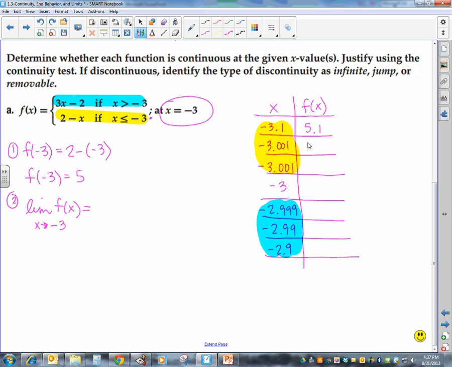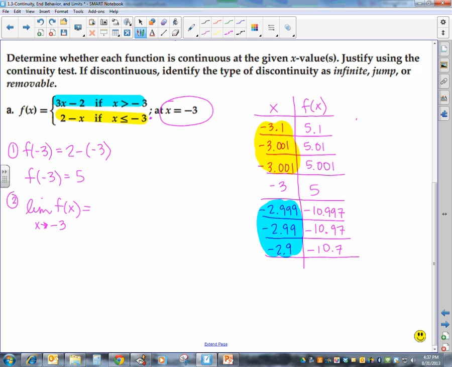5.1, 5.01, 5.001. Of course, we got 5 over there on our graph. Just makes it easier for us to look at. Negative 10.997, negative 10.97, and negative 10.7.